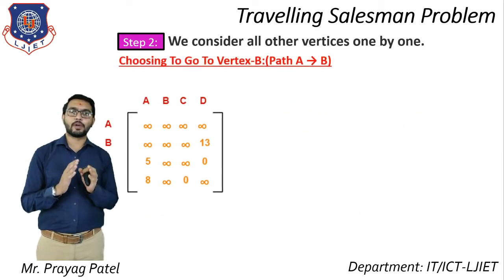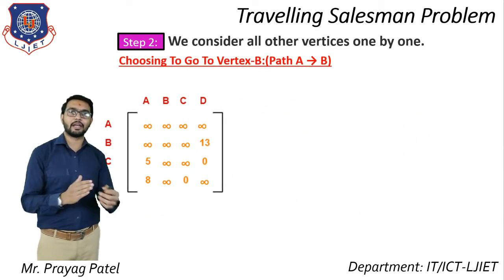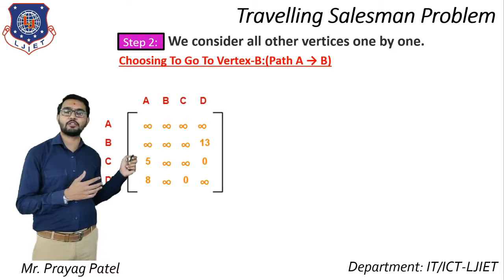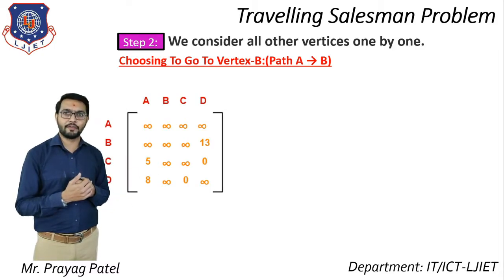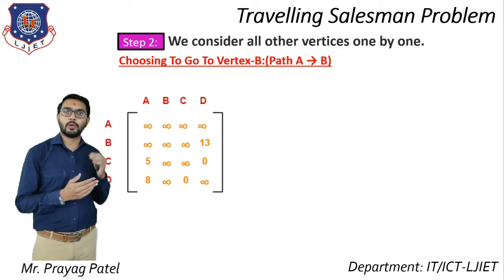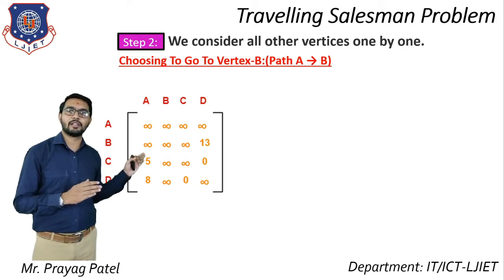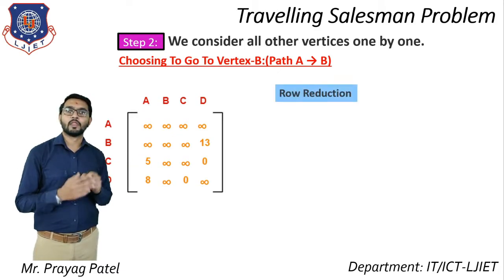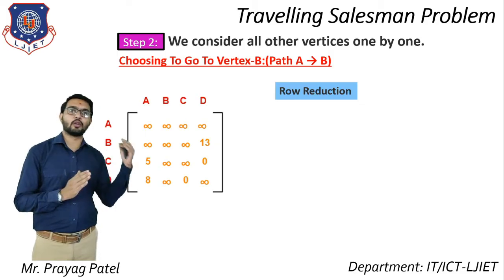Now you reduce your matrix, taking this as the input. Now perform the row reduction and column reduction.